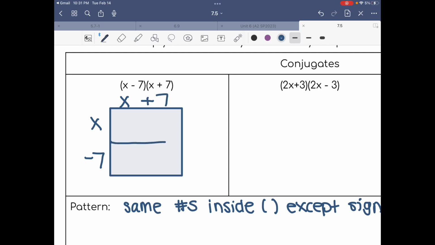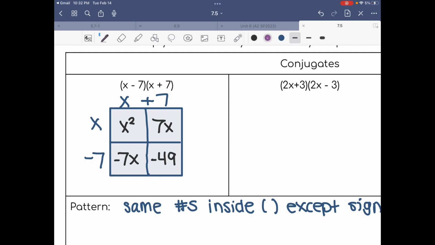And you're going to draw a row or a column in between x and 7 on each side. Then you're going to multiply these together. X times x is x squared. X times 7 is 7x. X times negative 7 is negative 7x. And negative 7 times 7 is negative 49.